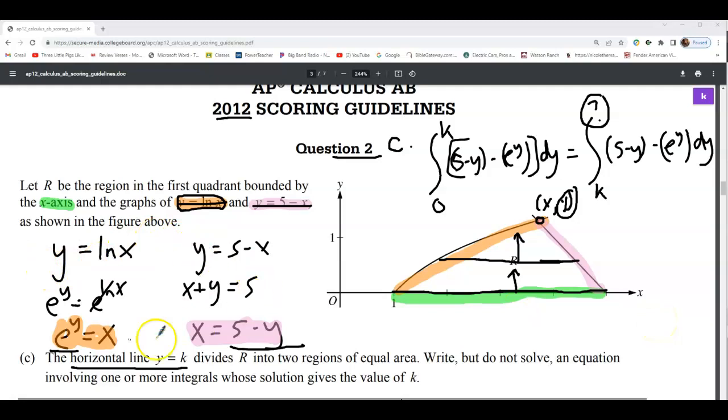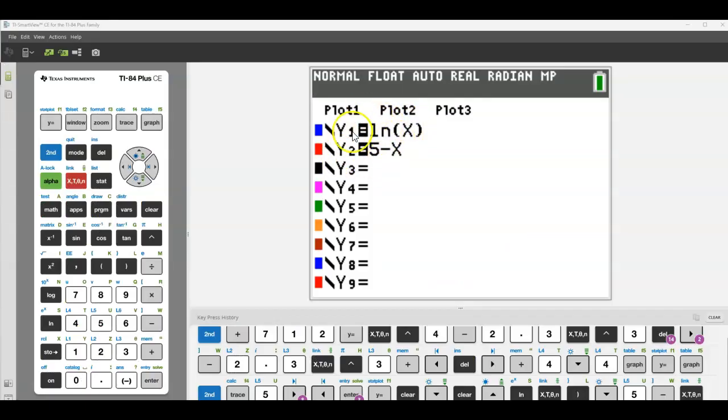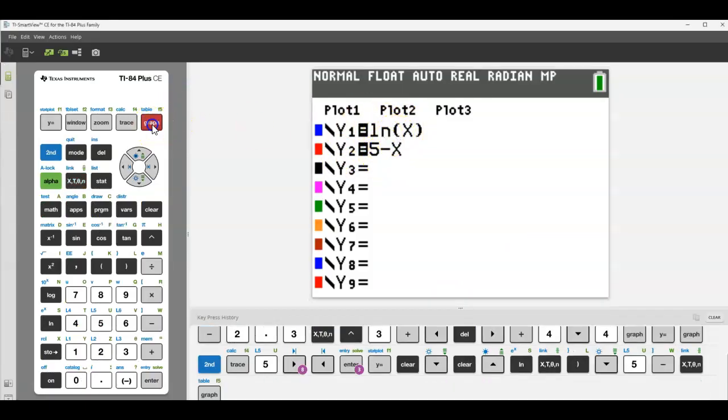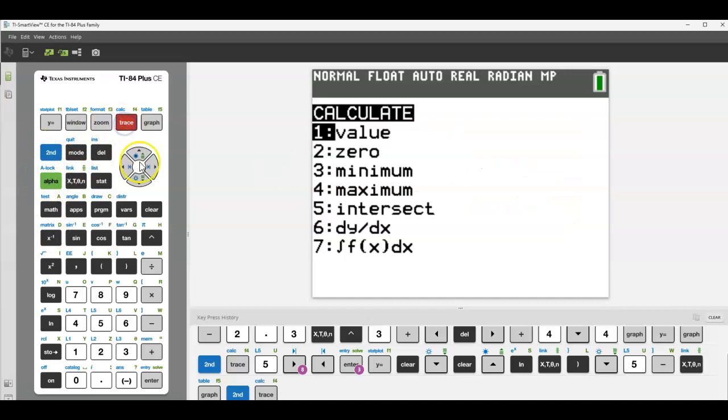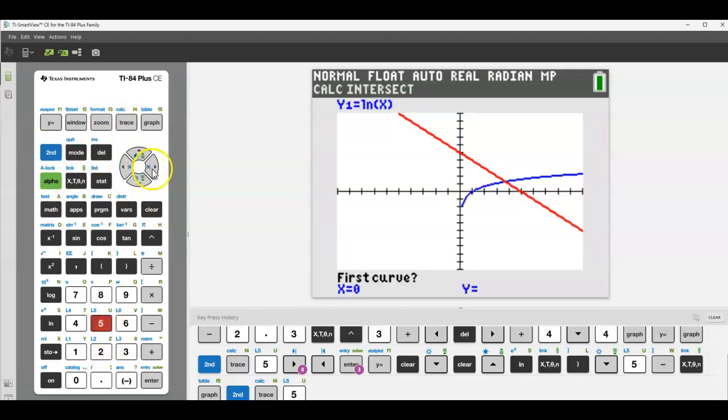Now, whenever I use my graphing calculator, I'm not going to graph these functions, okay? I'm going to graph the original ones up here, and I'm just going to look at the y value. So let's go ahead and go to our graphing calculator. So like I said, I'm just graphing the original functions here. And I want to find this place right here where they're intersecting. So second, Calc 5 for intersection.